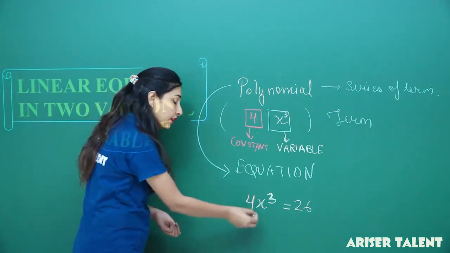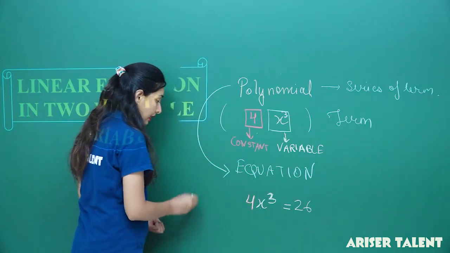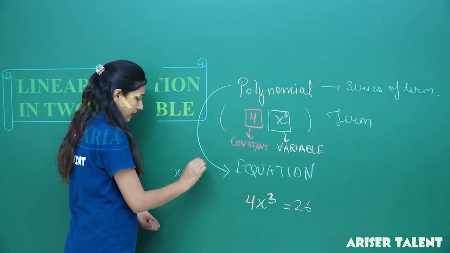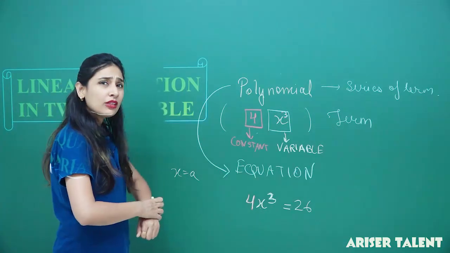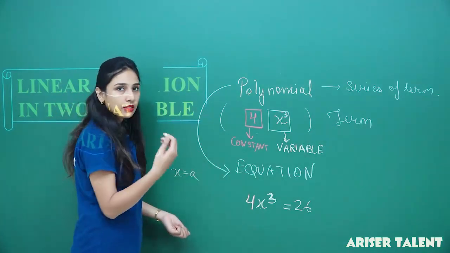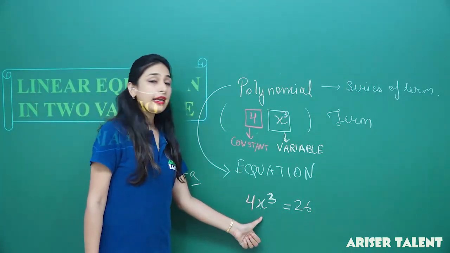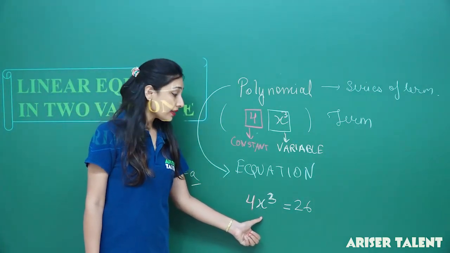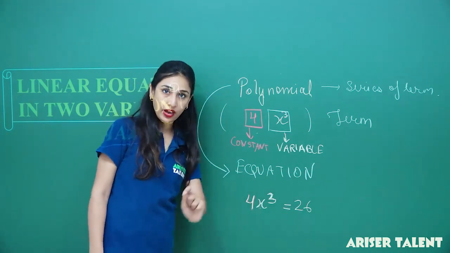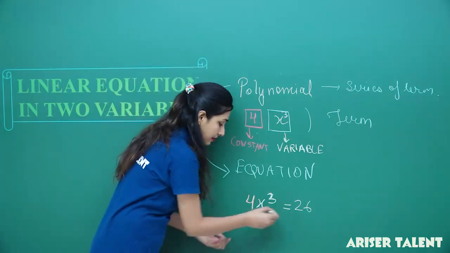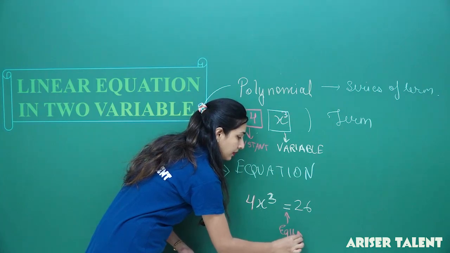Now, students, the value of x is such that if you put some value, let us suppose x equals a, any whole number or integer or rational number, just imagine this is any rational number. If I put a here in the place of x, this term will become 26. So, 26 equals 26, fine. So, I am having this equal sign here.